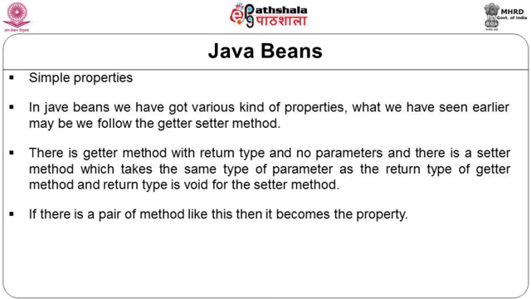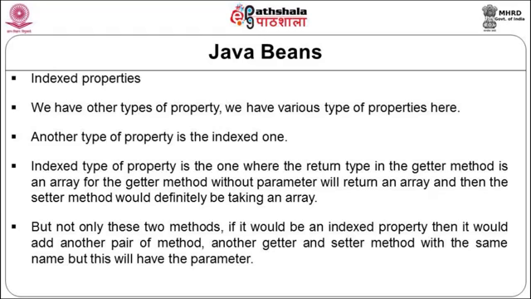We have other kinds of properties. Another type of property is the indexed property. An indexed property is one where the return type of the getter method is an array. The getter method without parameters returns an array, and the setter method would then take an array. But it is not only these two methods.